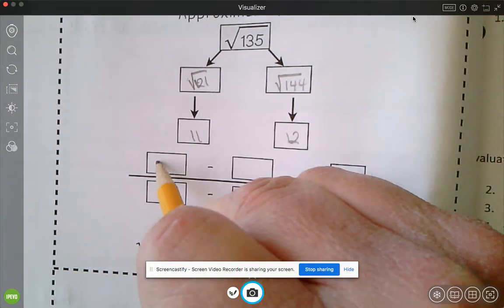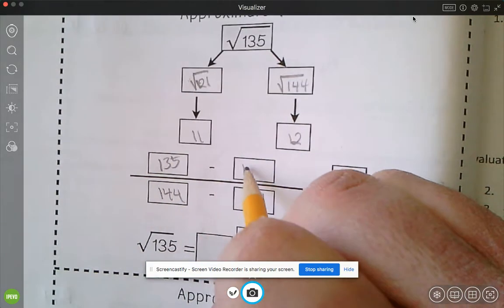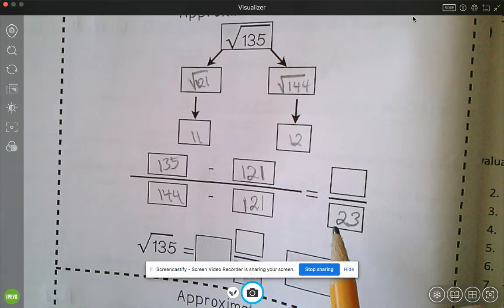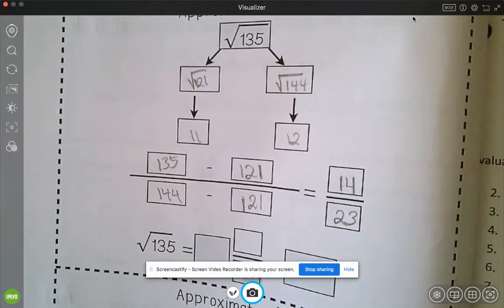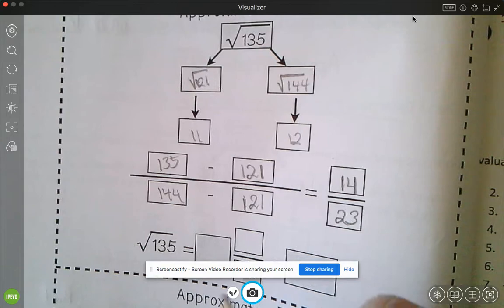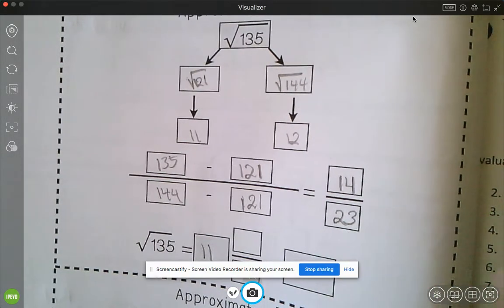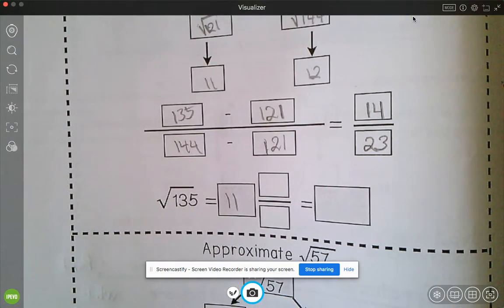It's going to be 135 minus 121. So then that would be 14/23s. And so the answer is going to be 11, and then whatever we can change 14/23s to as a decimal.